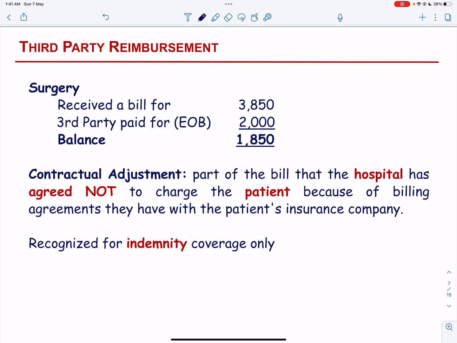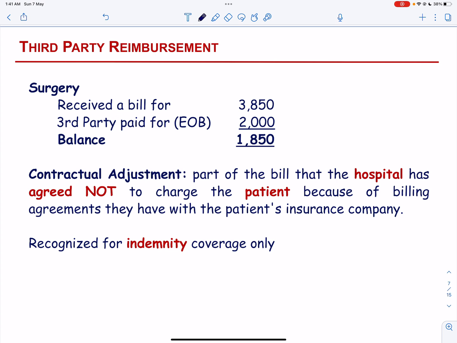For example, for an open heart surgery, the hospital may charge 300,000, and if you want to remove a small wart, they may charge a very small amount, say 3,000. Let us look into an example to see how this works.